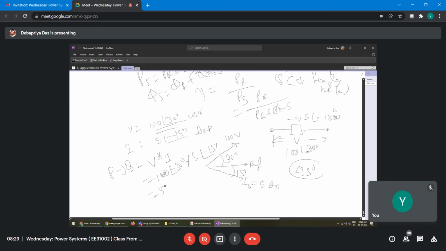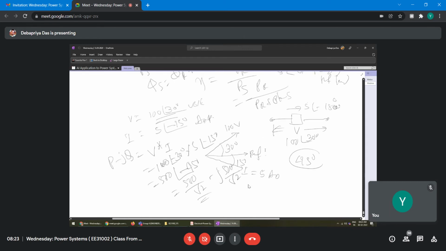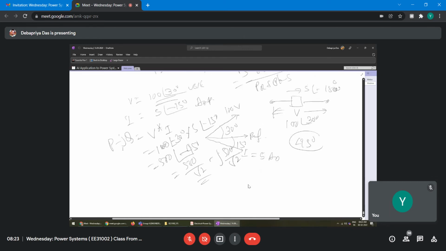That is your 500 angle minus 45 degree, right? So that means your 500 cos 45, that is 500 by root 2, minus j 500 by root 2. Therefore, P will be 500 by root 2 watt, and Q will be 500 by root 2. To capture the power factor angle, we use the conjugate, right? This is a very common phenomenon in our power system studies.